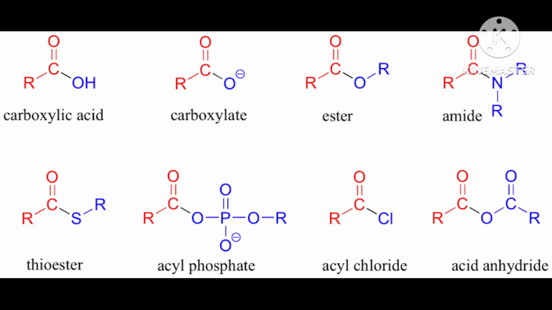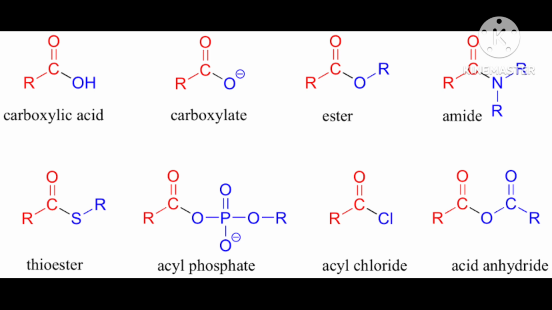The total carbon is 5. And the double bond is at carbon number 2, because numbering will start from the carbon of the CHO group, the aldehyde group carbon. From that it will start. Then the double bond is between the second and third carbon. Total 5 carbons are there, including the carbon of CHO.